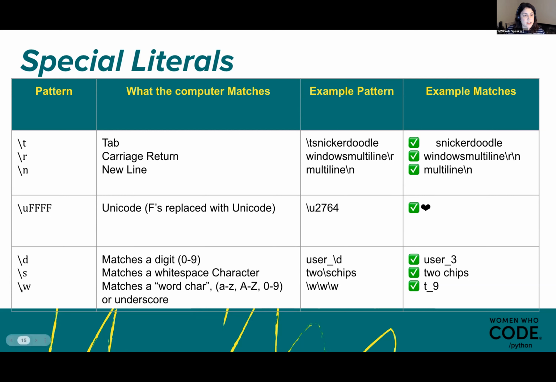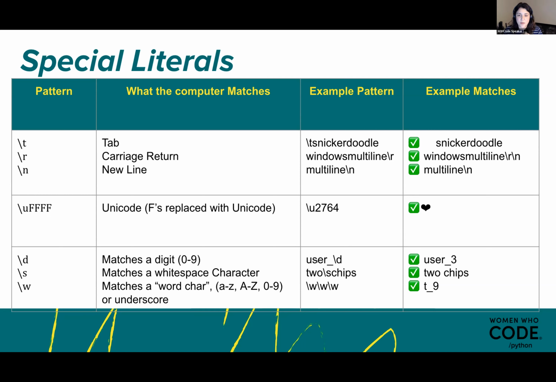And then \w matches what they call a word character, which includes lowercase a through z, uppercase A through Z, 0 through 9, and an underscore, which is a little counterintuitive, but it can also be very useful when you're trying to narrow it down into something more specific.